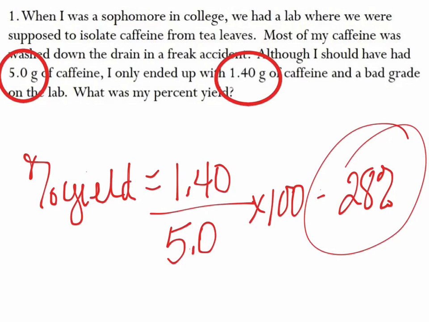So, like I said, I could have said my yield was 28%, and I should have gotten 5 grams. What did I actually get in the lab? You would have to solve for this. Those are things you'll see on your homework tonight.